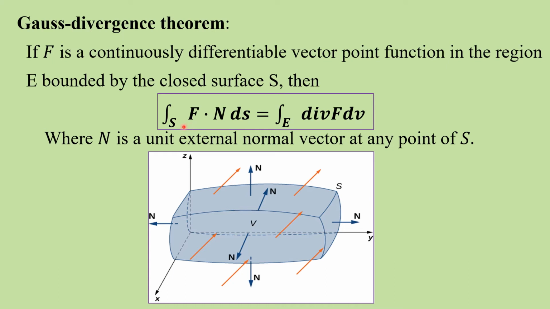So if I want to find the flux of f across a closed surface, I can use the Gauss divergence theorem there also. The surface integral I can convert into a volume integral of div f.